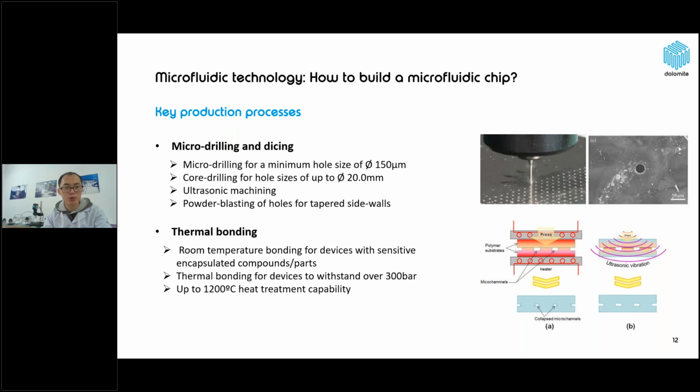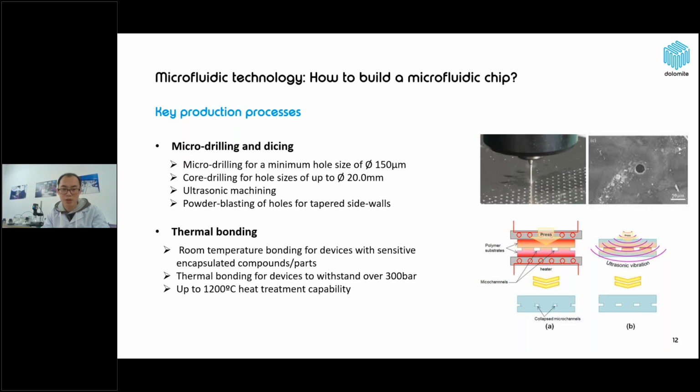Another key production process includes micro drilling and dicing. Micro drilling is available for a minimum hole size of 150 micron, with core drilling for hole sizes up to 20 millimeter. We can use ultrasonic machining and powder blasting for the hole work. Then thermal bonding is the next process for production of the microfluidic chip.